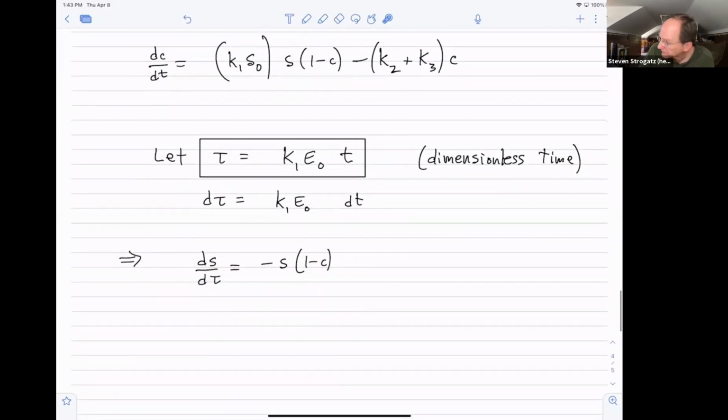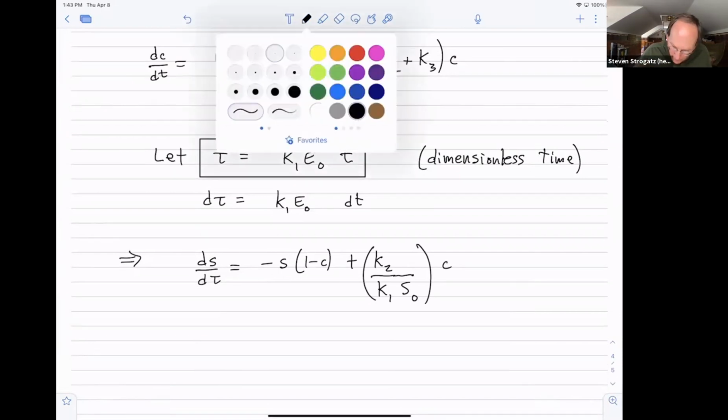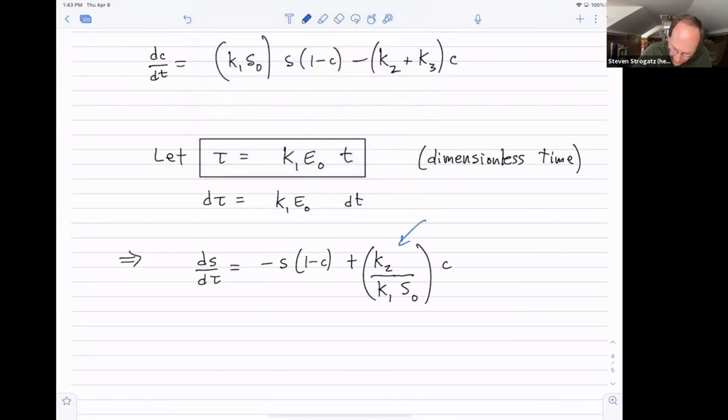So we end up getting plus k2 over k1 S0, the E0s have canceled out, all of that junk times c. So the whole thing is dimensionless now, and that big expression that I've introduced here, I'm going to call this lambda.